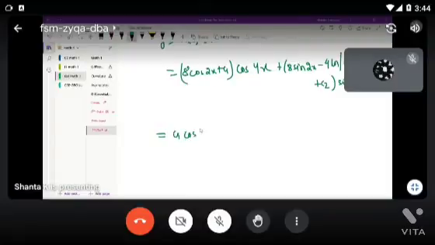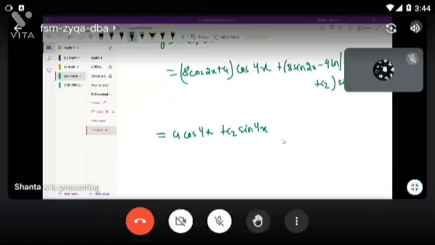So C1 cos 4x is the complementary function part, plus C2 sin 4x. Then we have 8 cos 2x into cos 4x, and here 8 sin 2x into sin 4x.